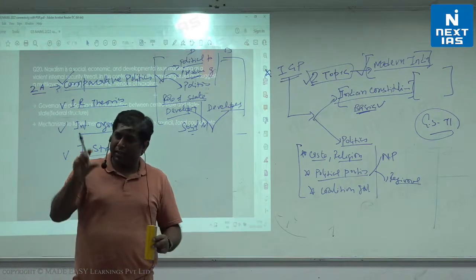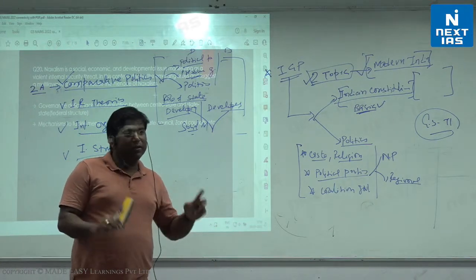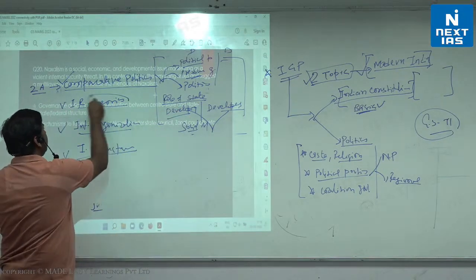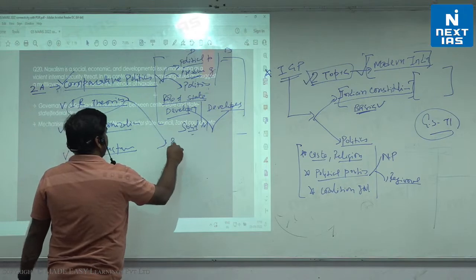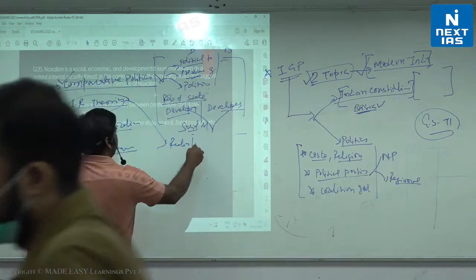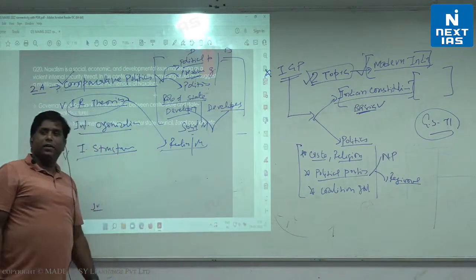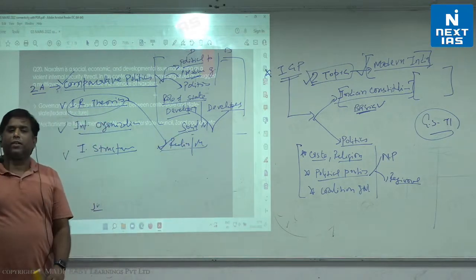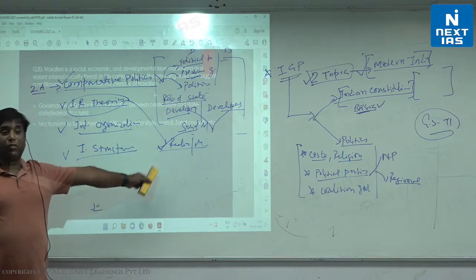This input output theory model is a little boring, but it's fine. This part is a more interesting part. When it comes to IR theories, like realism, Marxism, liberalism, there is a range of the IR theories, and that is very interesting.